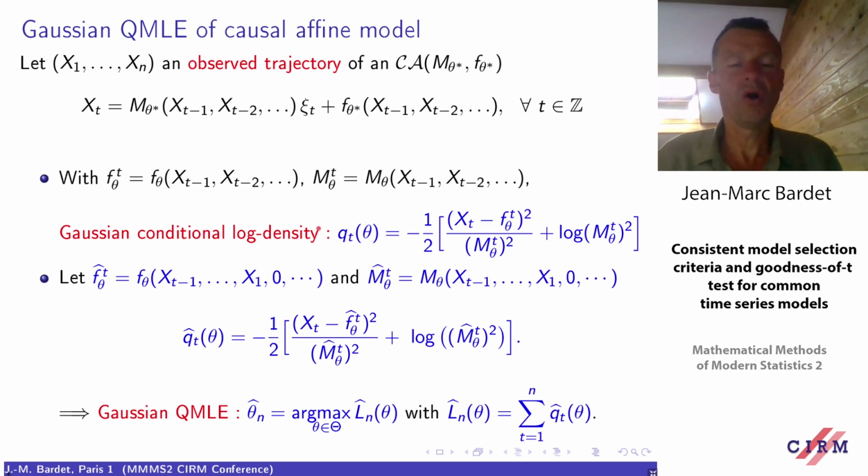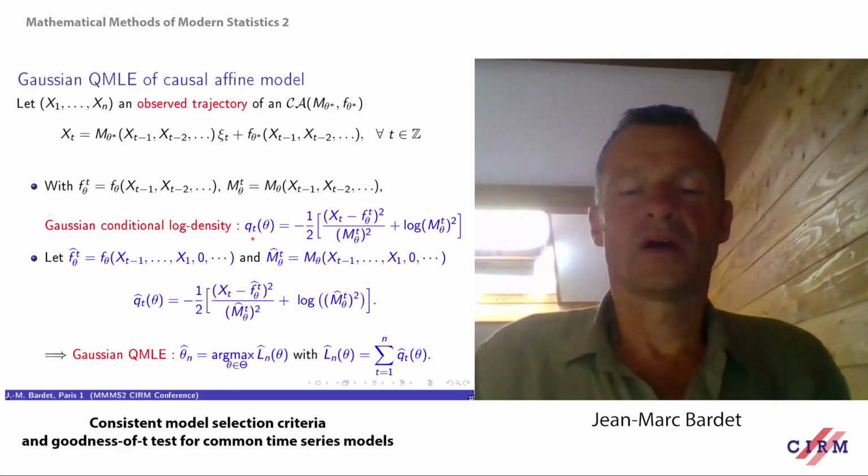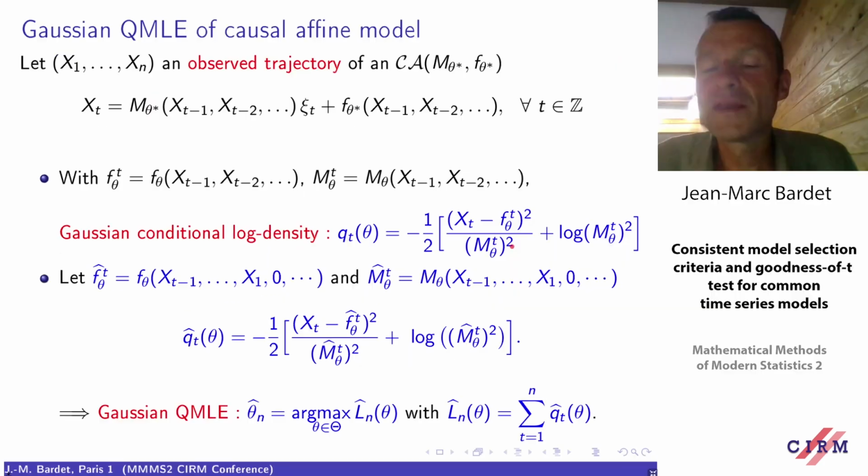Okay, so now we have this Gaussian conditional log density, but we use some functionals which are not exactly defined. Why?